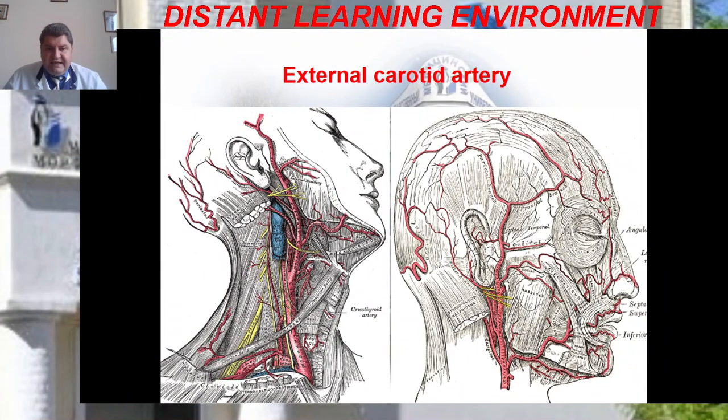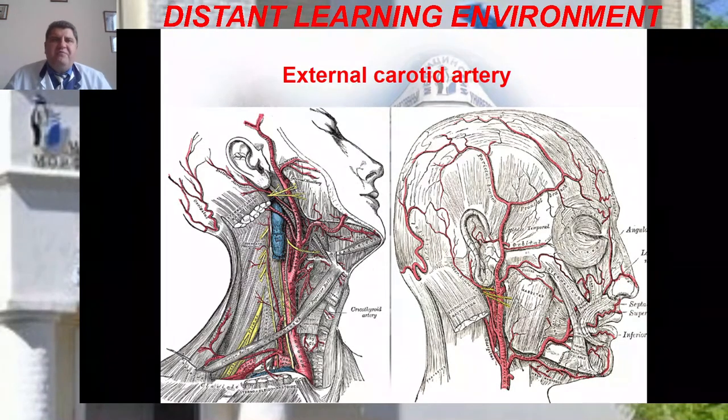So next, let's talk about the posterior group of the external carotid artery. There are three arteries of the posterior group.